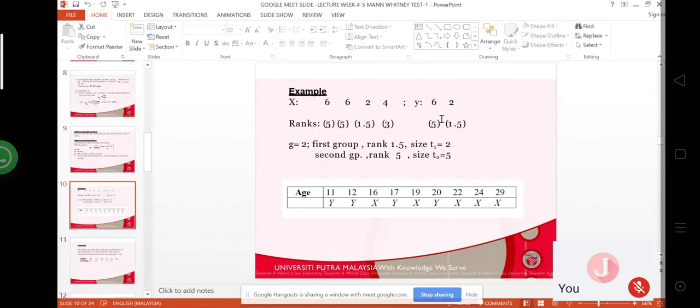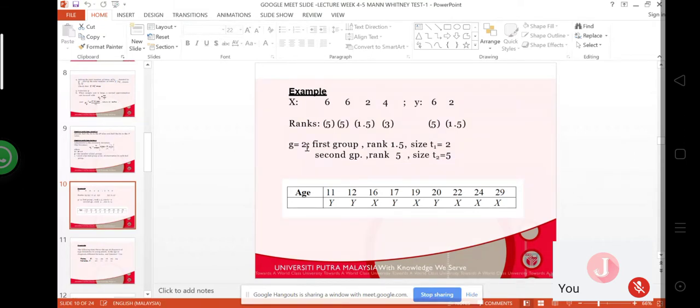I just want to show you what I mean by G and by the size of the tied group. If you look at this observation, you have 6 appearing 3 times, so that is a tie. 2 appears how many times? 2 times, meaning there's a tie. So there are 2 tied groups, G equal to 2.